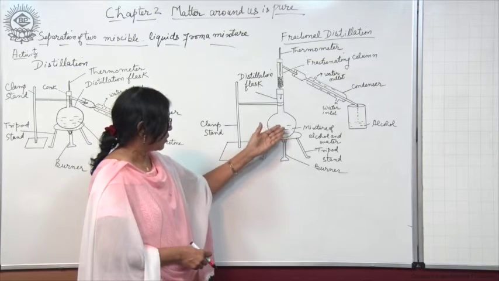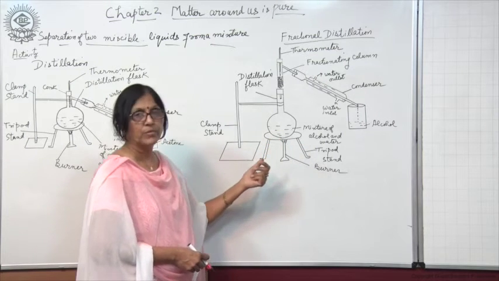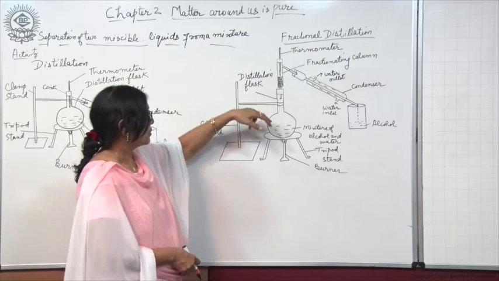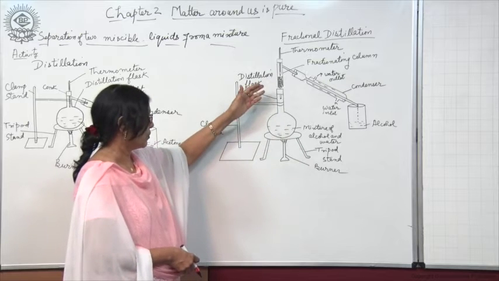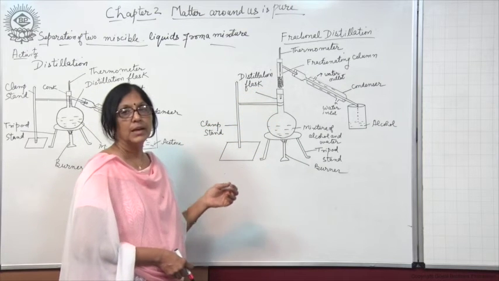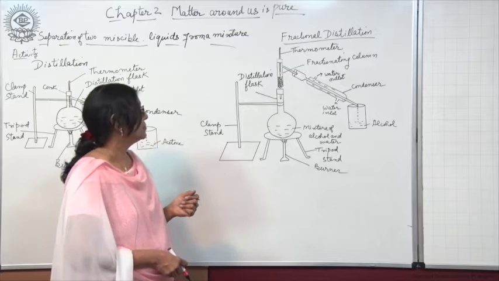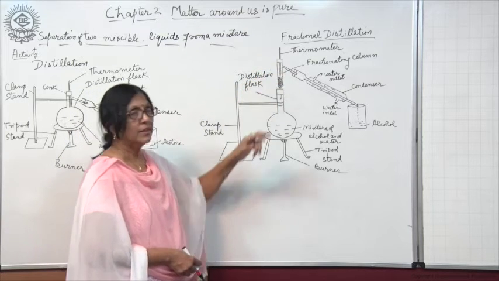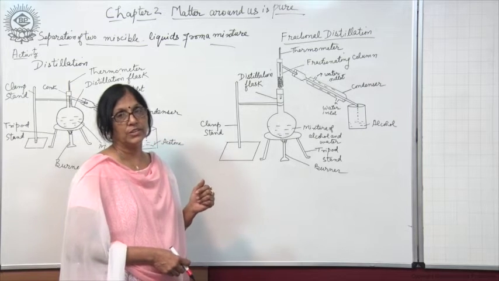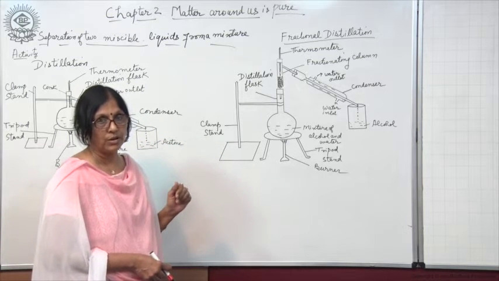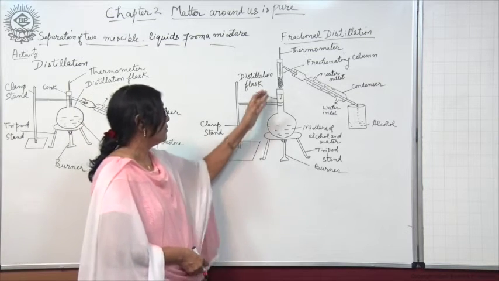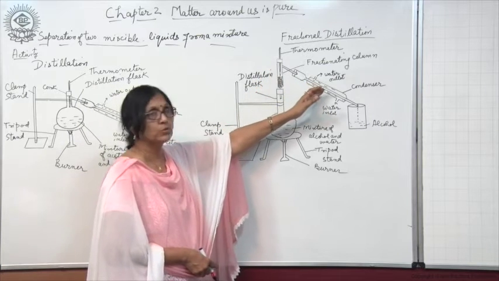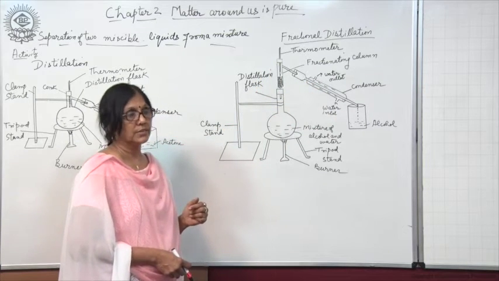Both alcohol and water will form vapors, but the vapors of water will condense back and the vapors of alcohol also will condense back and form liquid. But when the temperature is maintained at 78 degrees centigrade, which is the boiling point of alcohol, alcohol will vaporize and the vapors will pass through the condenser.